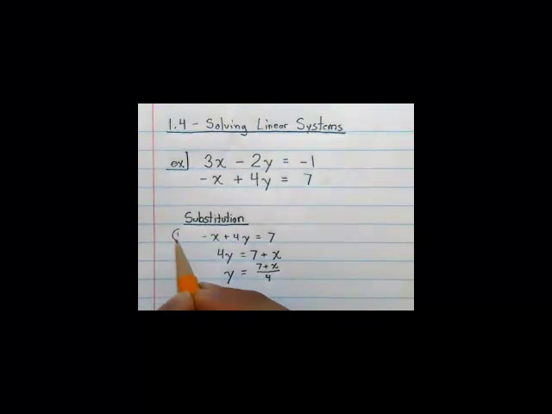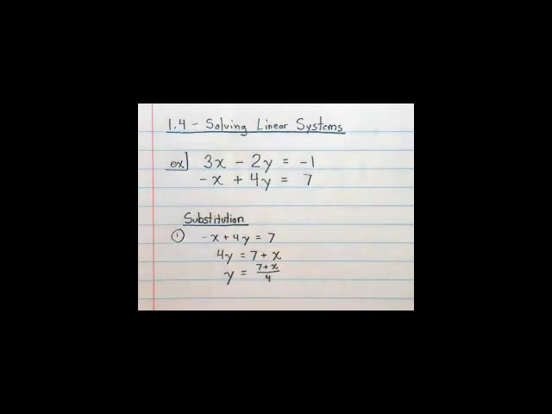We picked out an equation, we solved it for a variable, and now I'm going to take that and make a substitution into the other equation that I didn't use yet. Okay, so the other equation is this 3x minus 2y equals negative 1, except now everywhere that I see a y, I can plug this in, 7 plus x over 4.